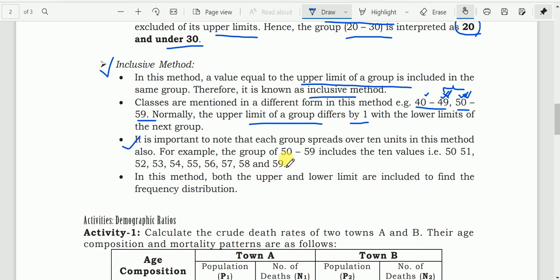For example, the group 50 to 59 includes 10 values: 50, 51, 52, 53, 54, 55, 56, 57, 58, 59. That means between 50 and 59 we have 10 values.